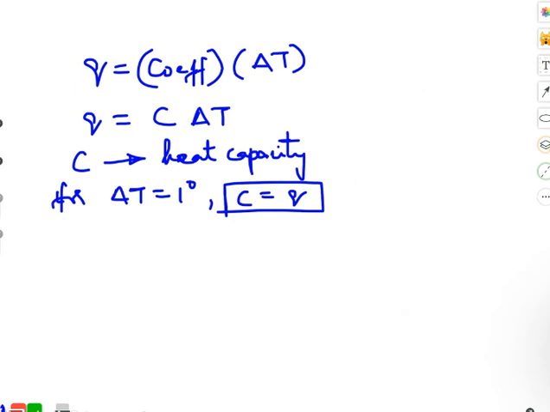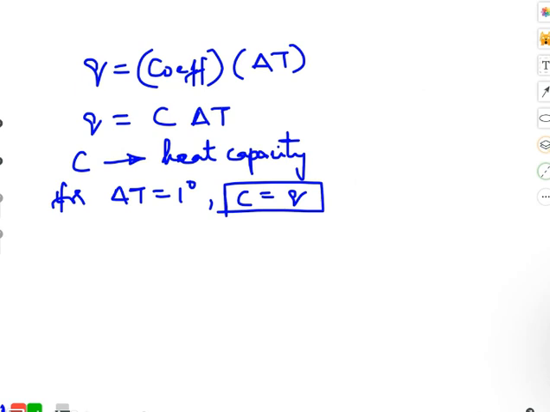Heat capacity is nothing but the quantity of heat which is required to change the temperature of a system by 1 degree, usually to raise it by 1 degree.